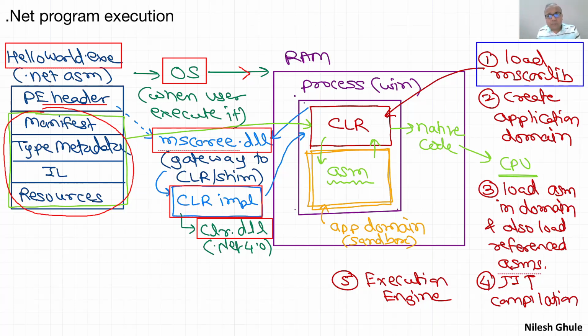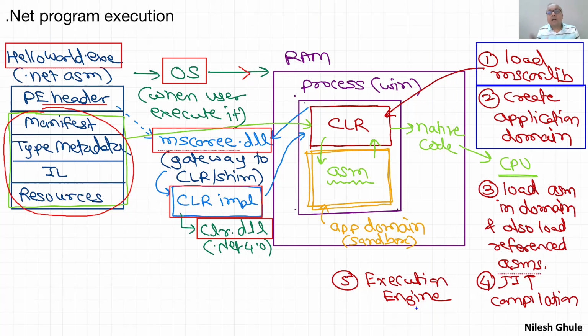Once MSCorLib is loaded, it will create something called an application domain. What is an application domain? You can consider it as an isolated environment inside a Windows process to run any .NET application.